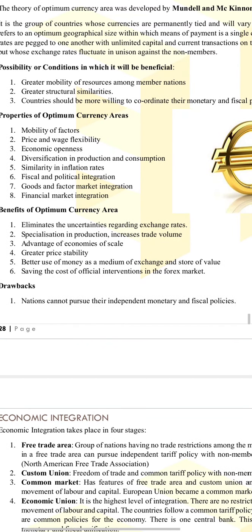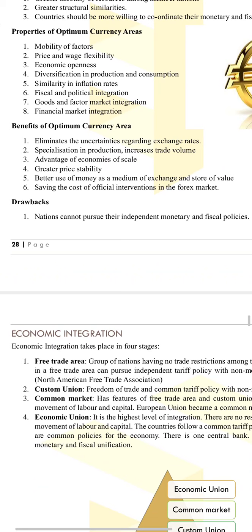And the drawback is that nations cannot pursue their independent monetary and fiscal policies.